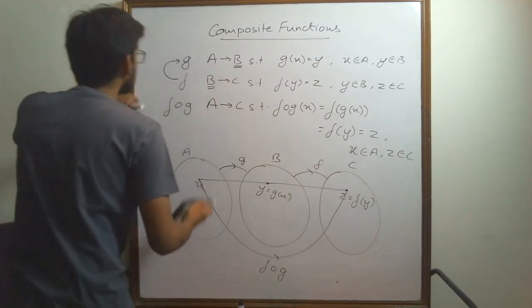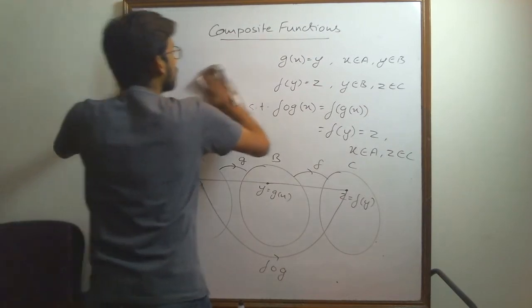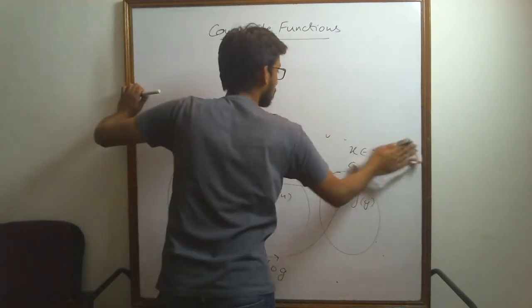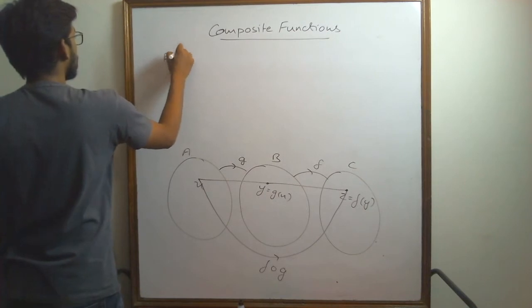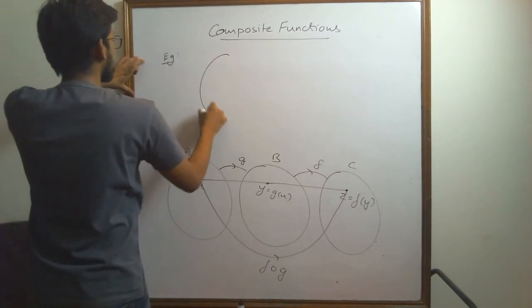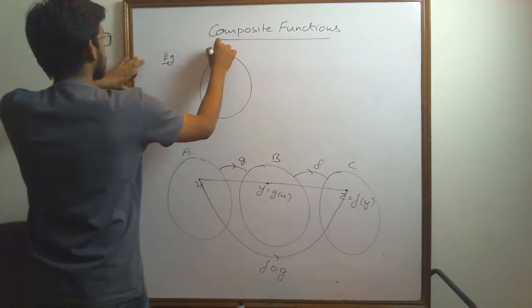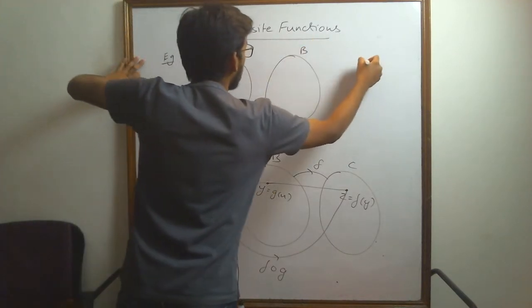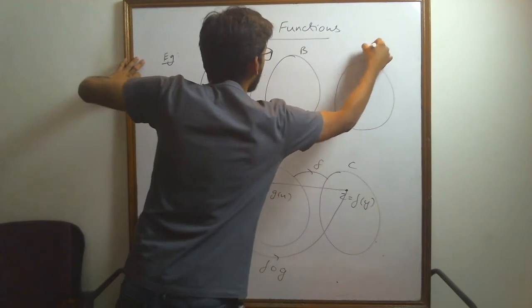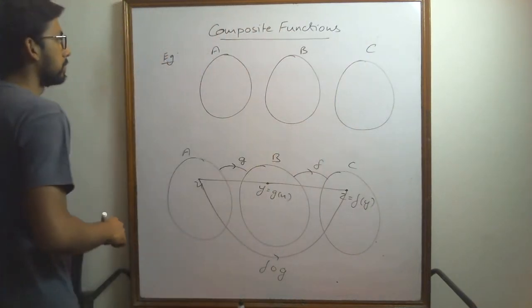For example, suppose this is the set of students in a classroom, this is the set of their roll numbers, and this is the set of their marks in an exam.